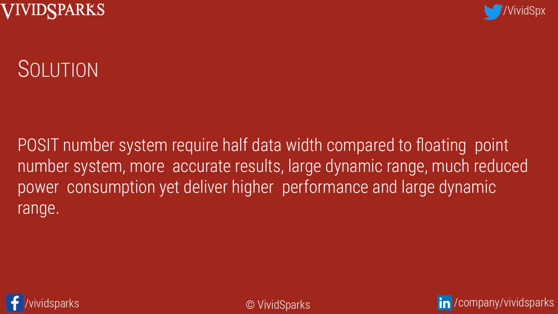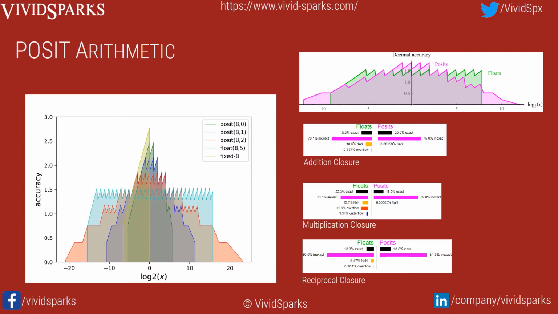There are more accurate results, and the dynamic range is large. In other words, the input range you can give is large compared to floating point. Since the data width is reduced, one may expect lower power consumption with respect to the FPU counterpart.